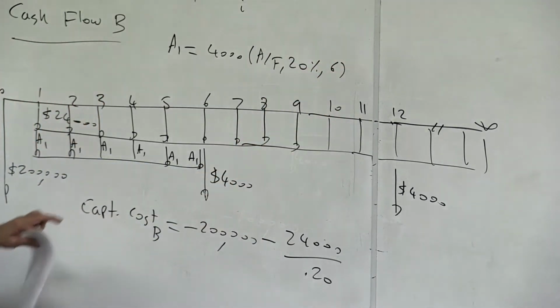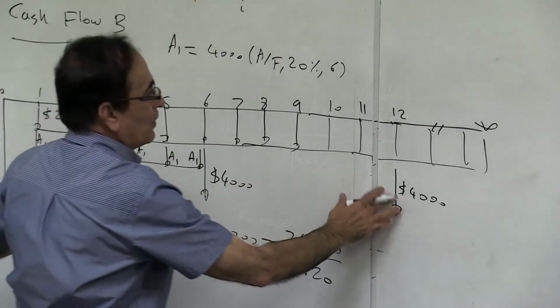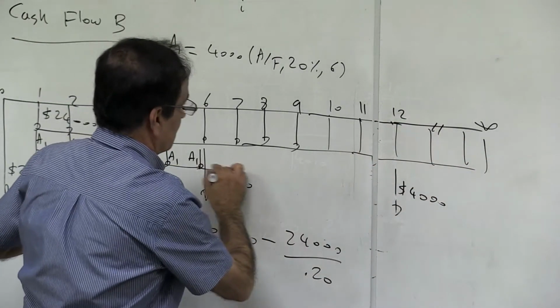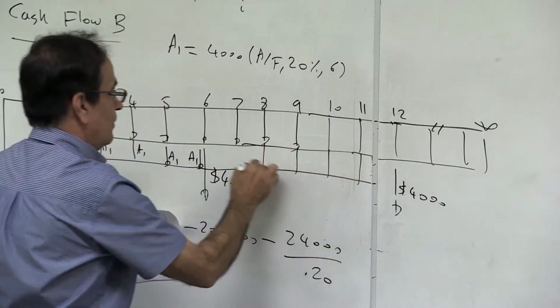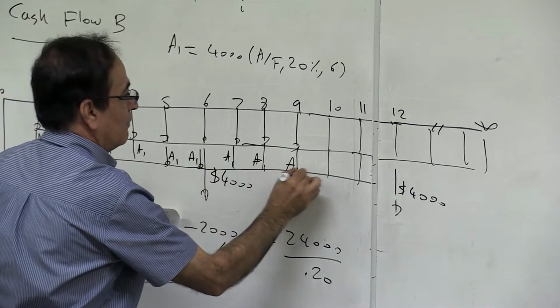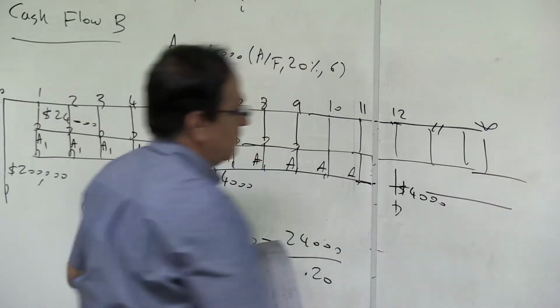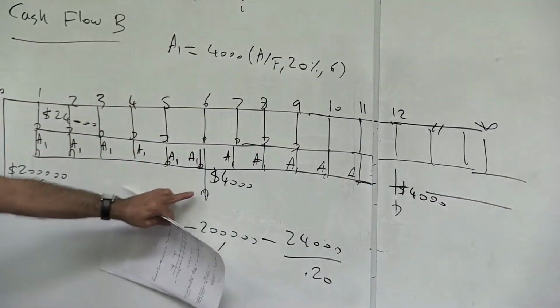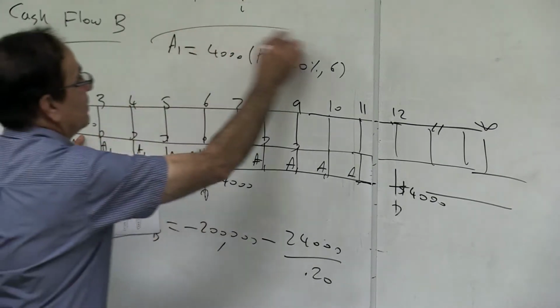Now remember, if I do this for the first 6 periods, I can do it for the second one, the third one, the fourth one. So that way I can make all of them uniform. So it's going to be A1, A1, A1, A1, and so forth, and that's going to continue also to infinity.